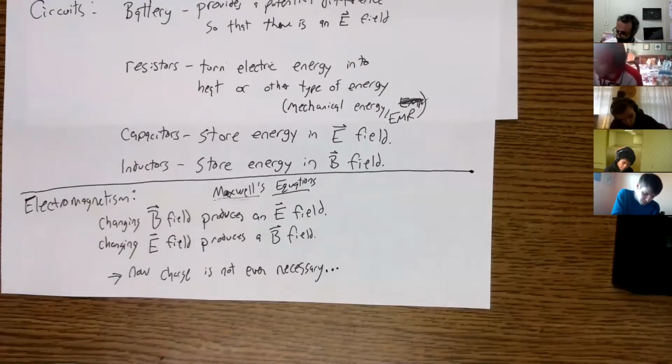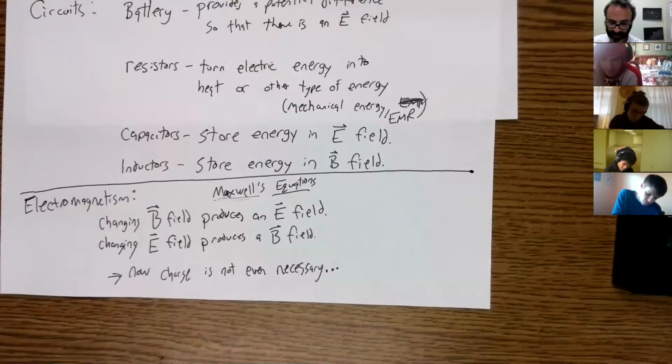But now the best part, once we realize that a changing magnetic field produces an electric field, and a changing electric field produces a magnetic field, and we don't even need charge anymore, we have a very good name for these electric fields that go back and forth, right? You can imagine you have this electric field changing into magnetic field changing into an electric field, and vice versa.